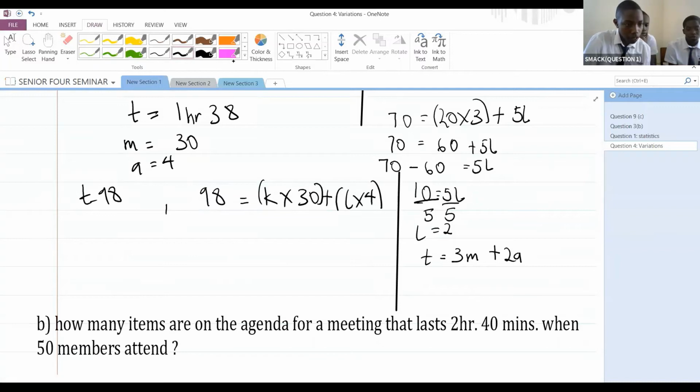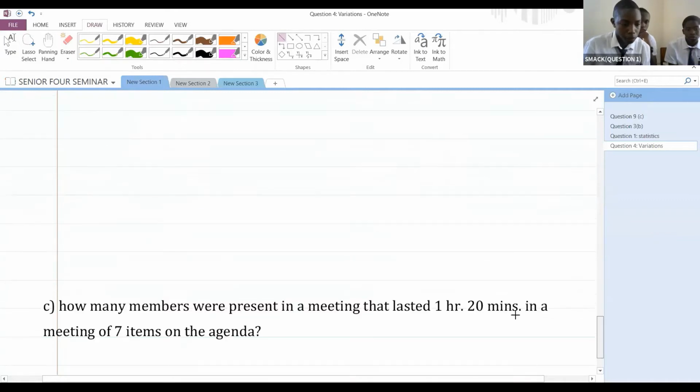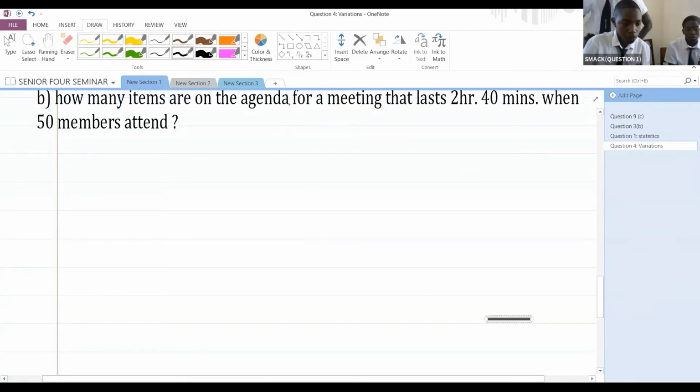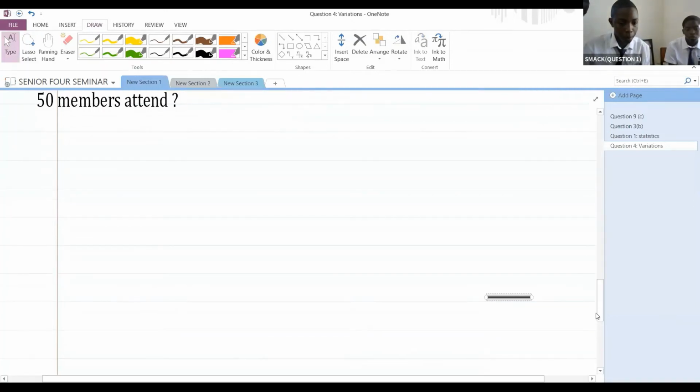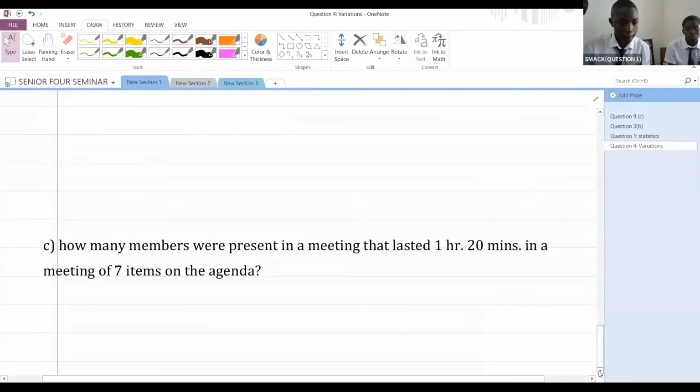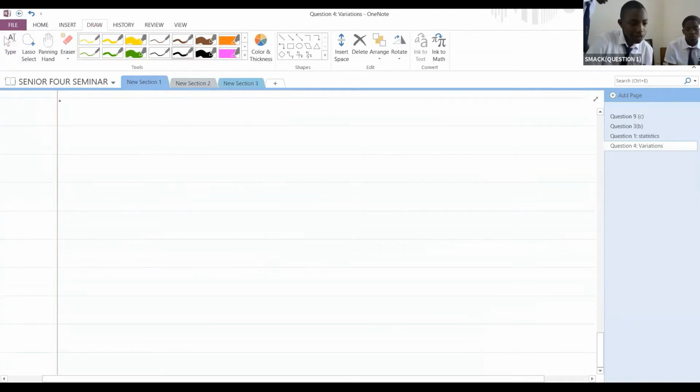Okay, now that we have space, T is equal to 3M plus 2A.